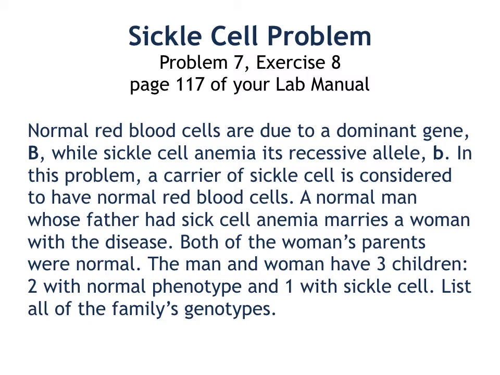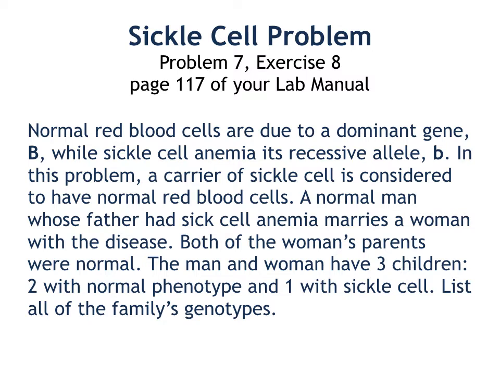Okay, now let's move on to a different type of problem. This is a sickle cell problem, which is problem number 7 from exercise 8 on page 117. Here, normal red blood cells are due to a dominant gene, which will be represented by capital letter B, while sickle cell anemia is represented by the recessive allele, little b.